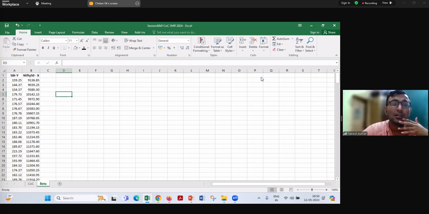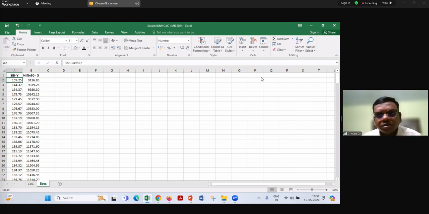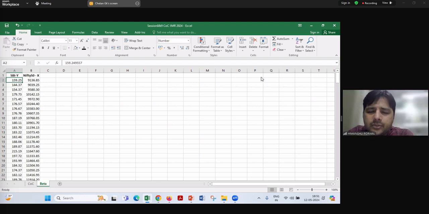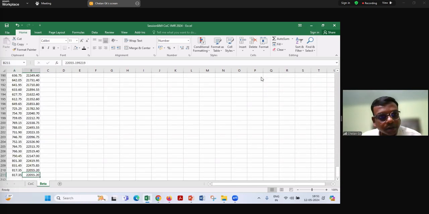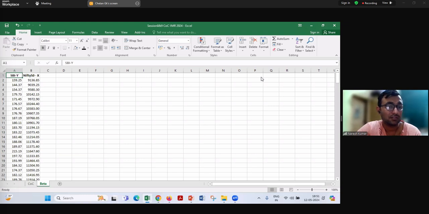Sir, in SBI, the first value is not matching, 159. Sir, can you just show us the base sheet? You have taken the data on weekly basis. Weekly, yes. It is showing 305 in my sheet.